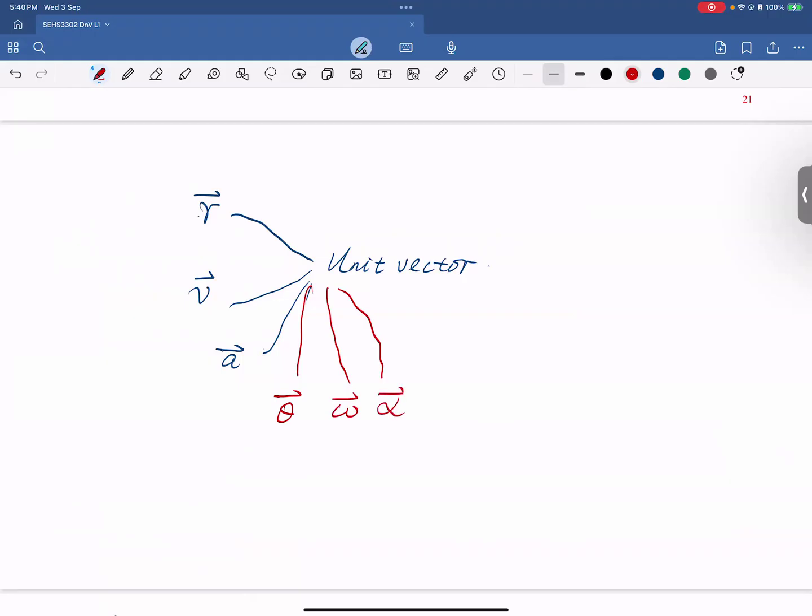So in the next stage, when you see Greek letters with vector, it must be a variable for a rigid body. It's not for a particle. These amounts are for particles.